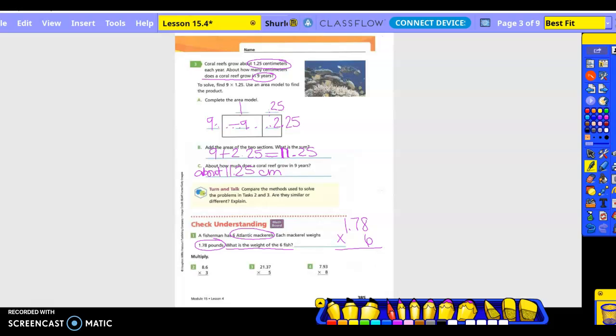So 8 times 6 is, carry the 4. 6 times 7 is, plus 4 is 46. Carry the 4. 6 times 1 is, plus 4 is, and then bring my decimal over 2 spots. So 10 and 6,800 pounds.